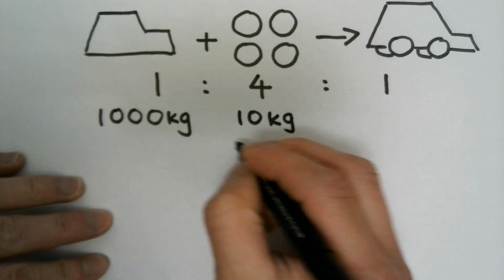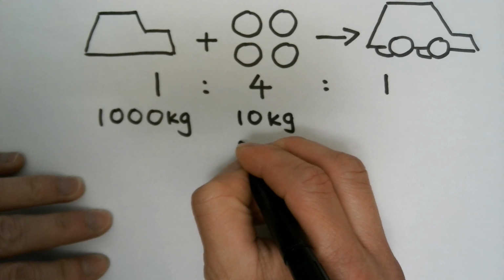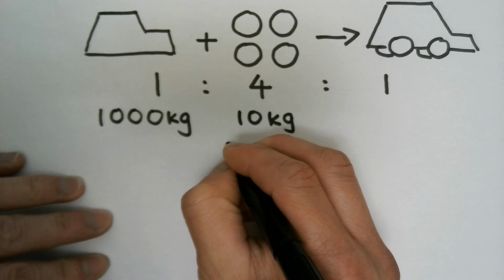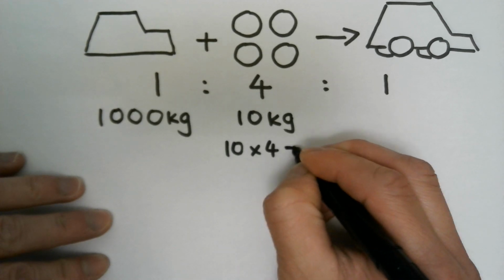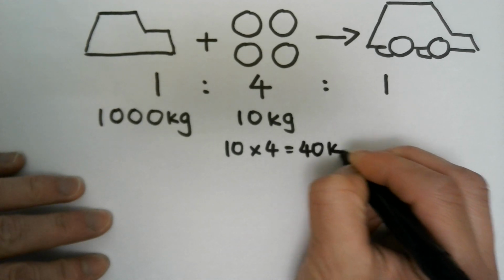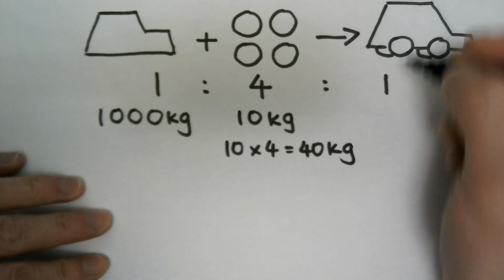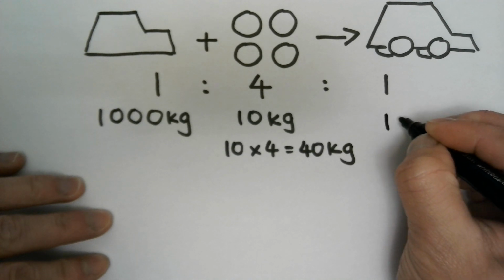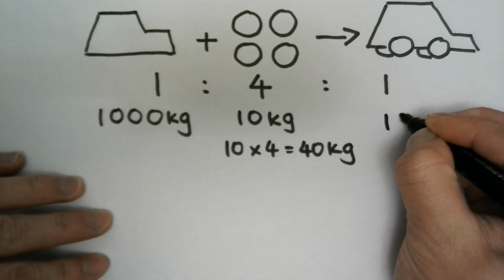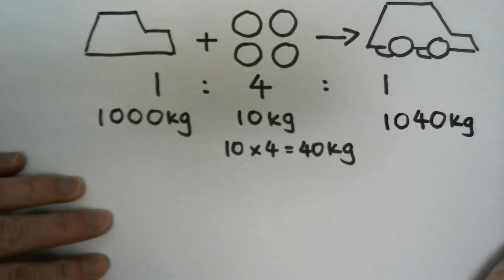That's a total of 40 kilograms, sorry. So that's 4 lots of 10, which is equal to 40 kilograms. Now together, this whole car will therefore have a total mass of 1,040 kilograms. So hopefully that makes sense.